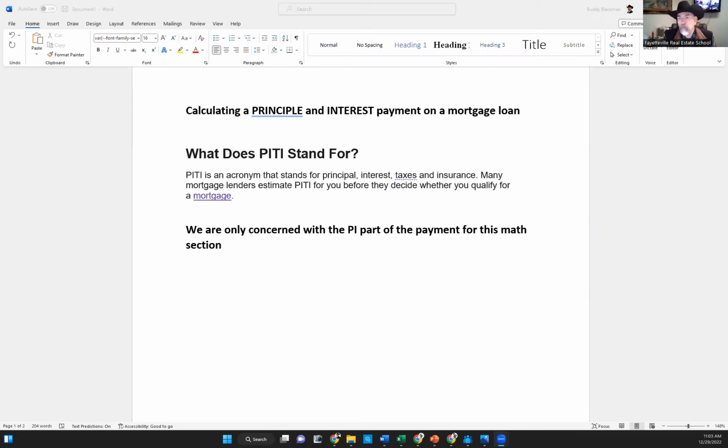The entire mortgage payment actually consists of what's called the PITI, an acronym that stands for principal, interest, taxes, and insurance. Today, for the real estate exam, we're only concerned with the PI part of the payment, the principal and interest.